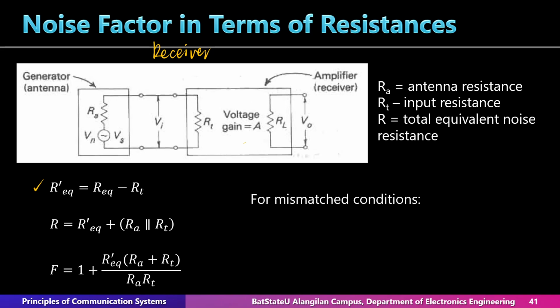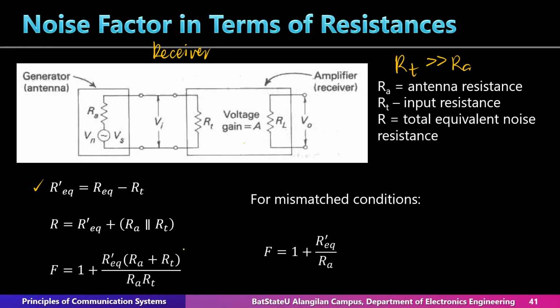Ngayon, there are times na nagkakaroon ng mismatch. Ano po ang ibig sabihin nun? Hindi matched yung impedance na ito doon sa RT. Halimbawa, malaki masyado yung RT kumpara sa value ng RA, which is the case in most systems. If RT is much greater than RA, mismatch yung condition natin. We can simplify the formula that F is simply equal to 1 plus R prime over RA.